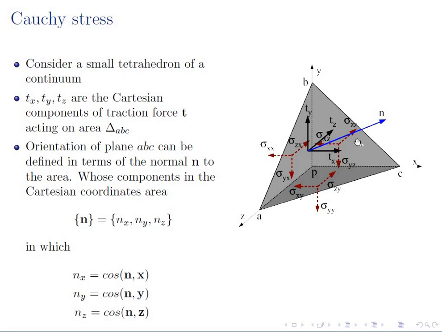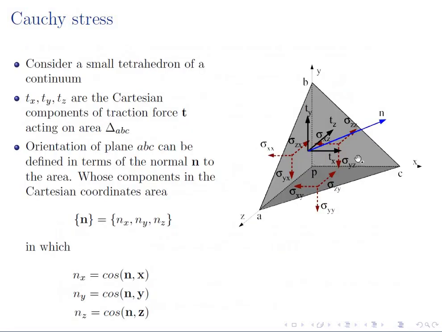Let n be the normal to this area ABC. The orientation of plane ABC can be defined in terms of the normal, and this normal can again be defined in terms of the Cartesian coordinate system, so nx, ny, and nz are the x, y, and z components of the normal vector.